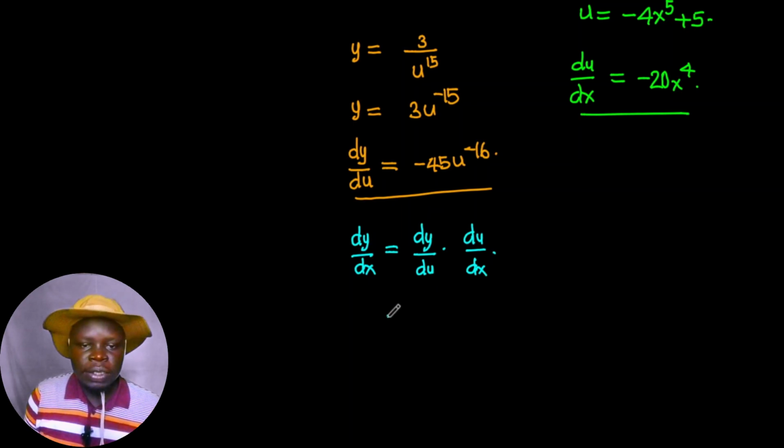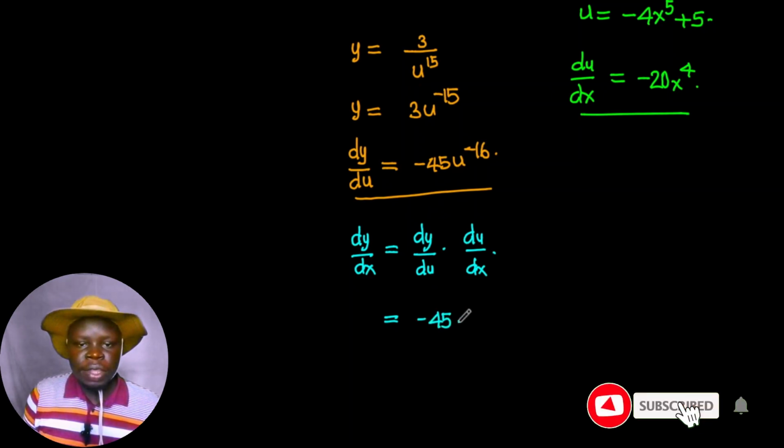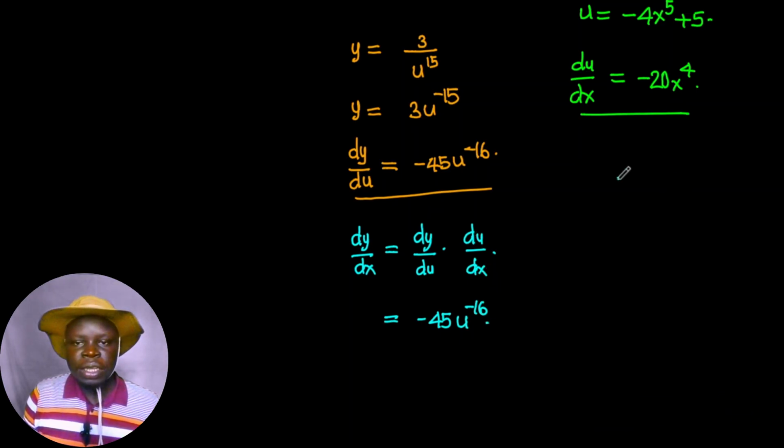So for this case, let us go on and substitute these values, dy by du as negative 45, u exponent negative 16, and multiply this by du by dx, which is negative 20x exponent 4. Before we make our substitution for u, let us first simplify this.